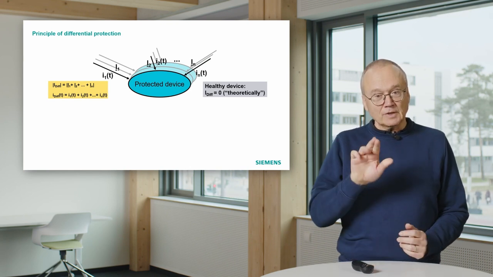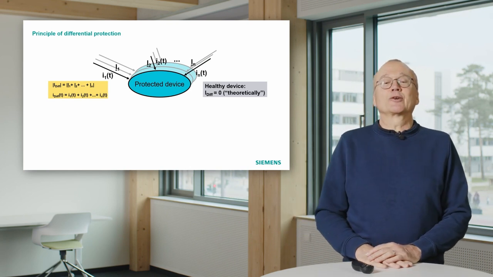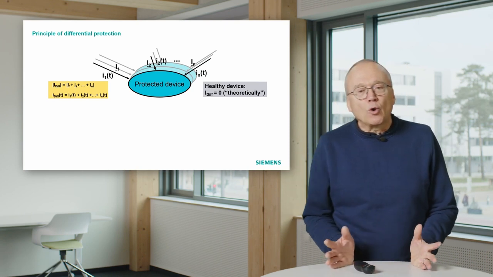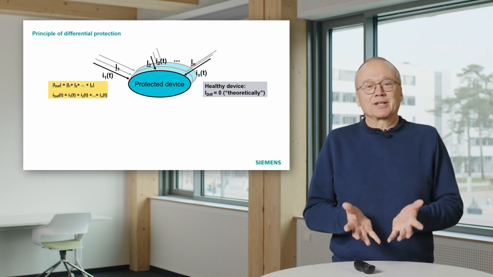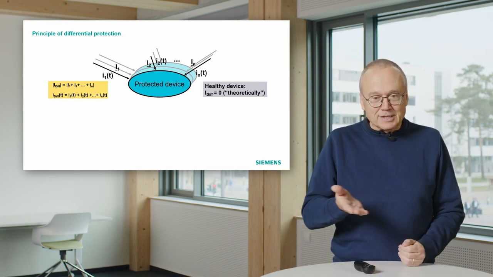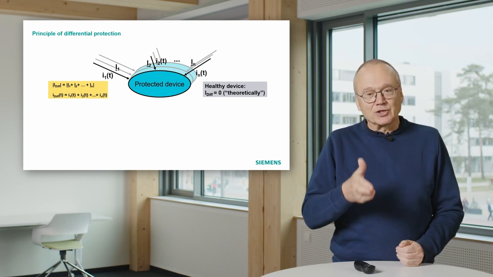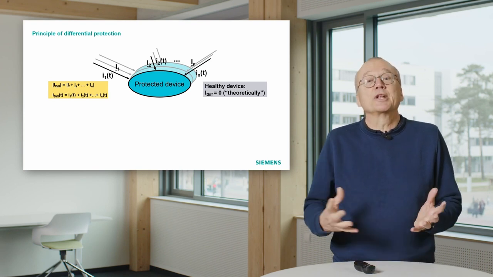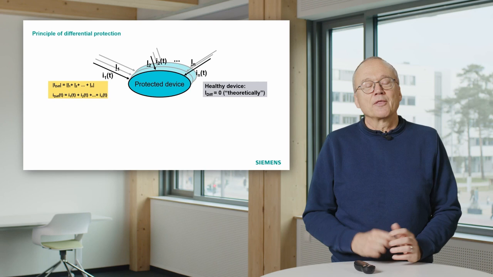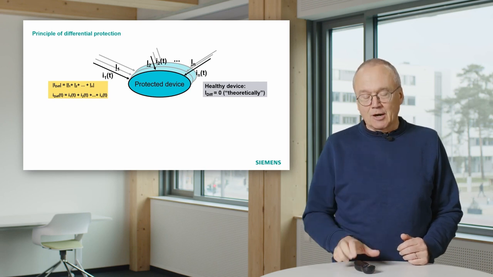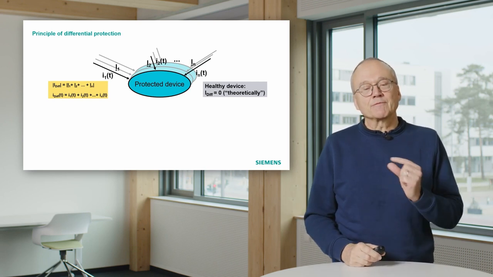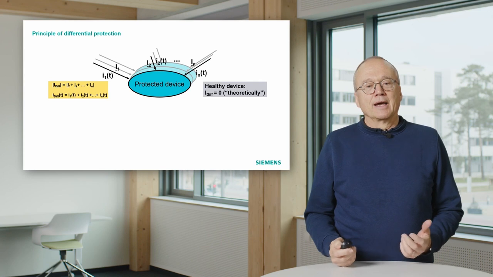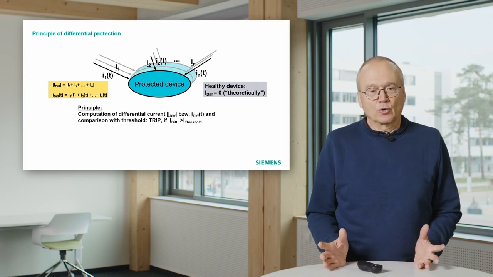But you see here, I wrote theoretically, of course, if you program such a thing, you cannot ask, is the differential current exactly 0? It will never be exactly 0. That means you must always allow a certain deviation from 0, and we call that threshold.